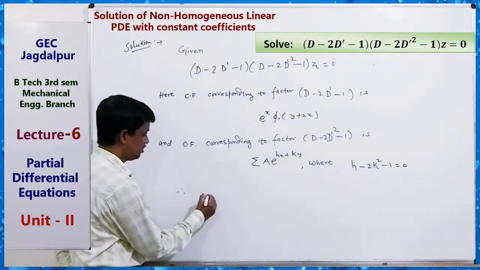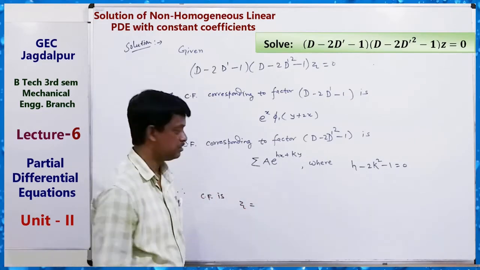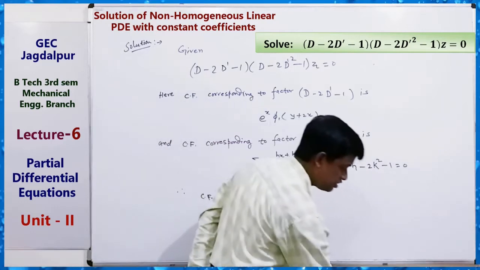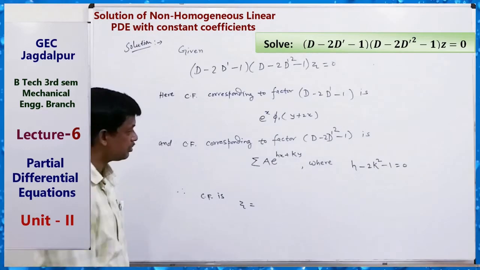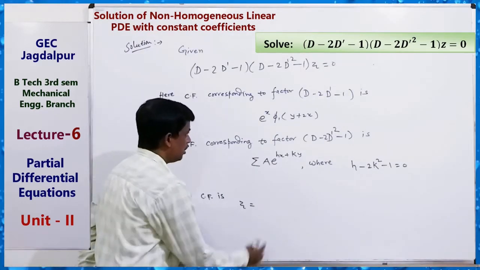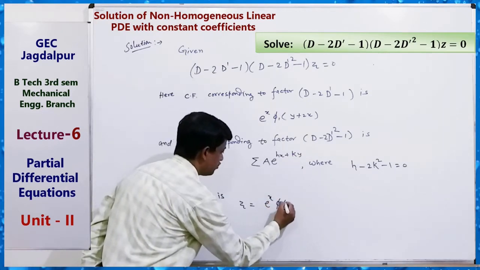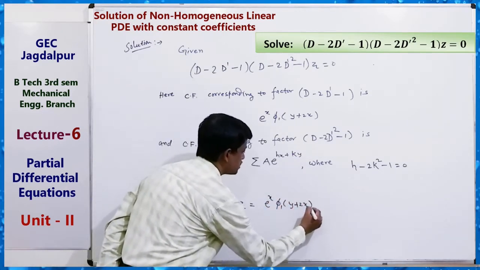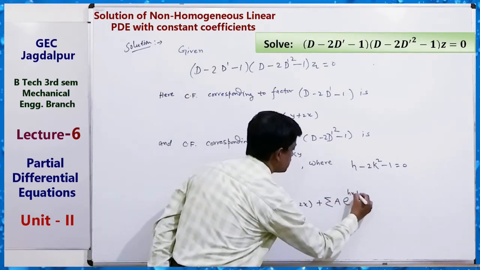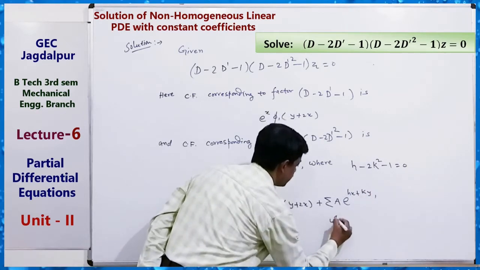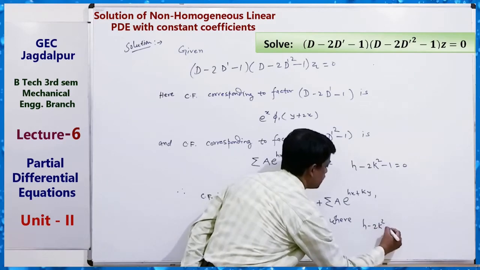Therefore, finally CF, the complete solution, is equal to this plus this: e to the power x phi 1 of y plus 2x, plus sum of a e to the power hx plus ky, where h minus 2k squared minus 1 equals to 0.